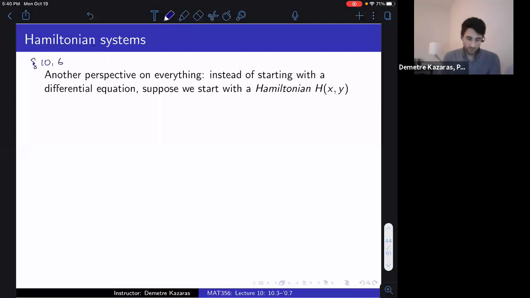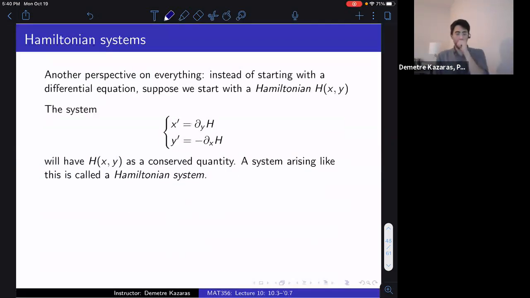All right, so suppose we don't have the system, and instead we start with what's called a Hamiltonian, which for our purposes, we don't even need a fancy name. It's just some function of two variables, H. Then if we form this system, x prime is the y derivative of H, y prime is the negative x derivative of H, then H will be a conserved quantity.